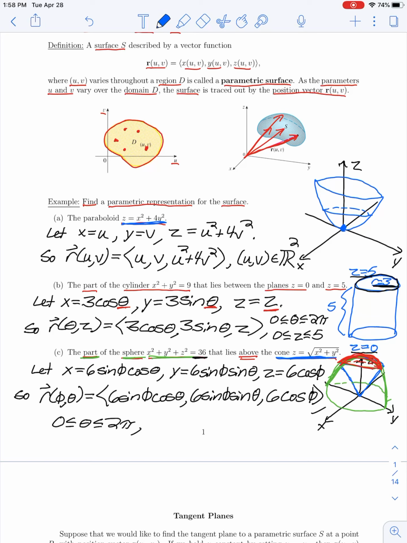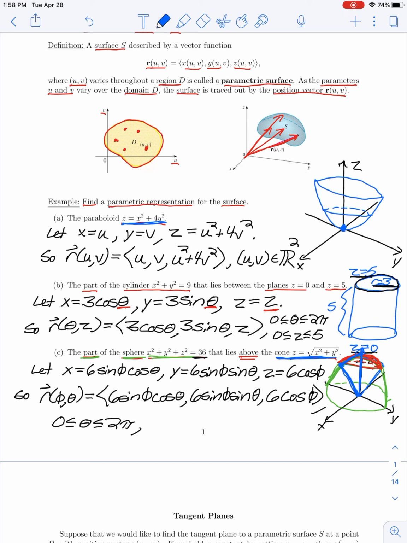So here, if we have our positive z-axis, we can rotate downward from there until we hit this cone. Because remember, we need specifically the part of the sphere that lies above that cone.